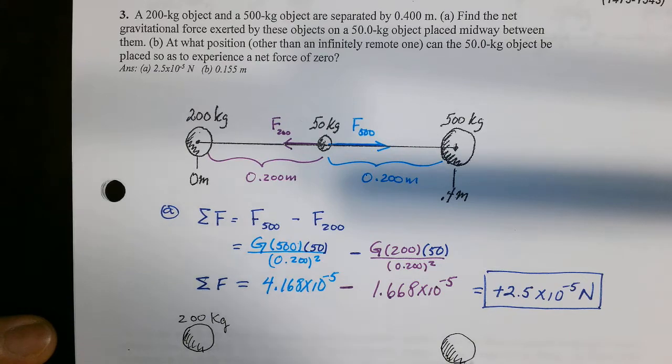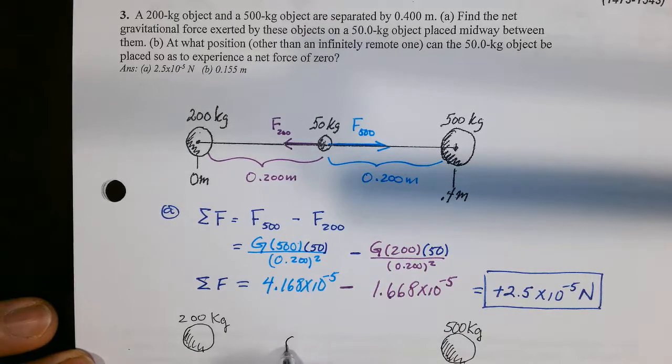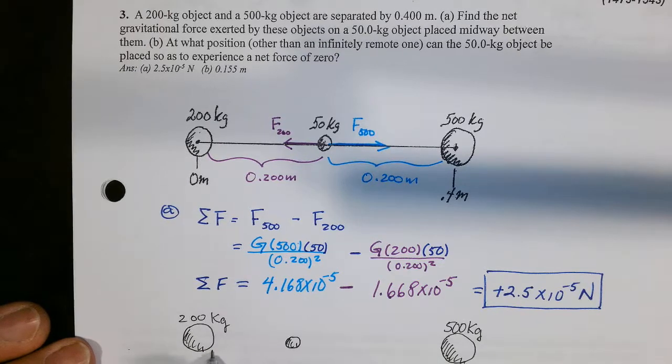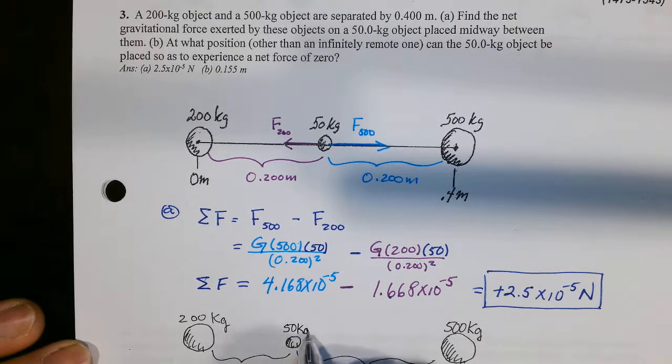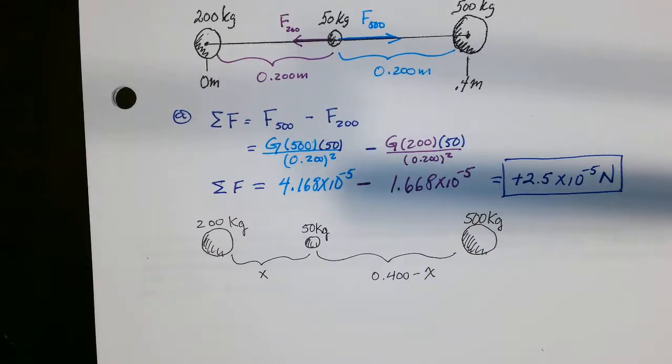And the 50 kilogram mass is probably going to be somewhere closer. So most likely from here to here, it's going to be x, and we'll make this one 0.4 minus x, that's the separation. So this is my 50 kilogram one.